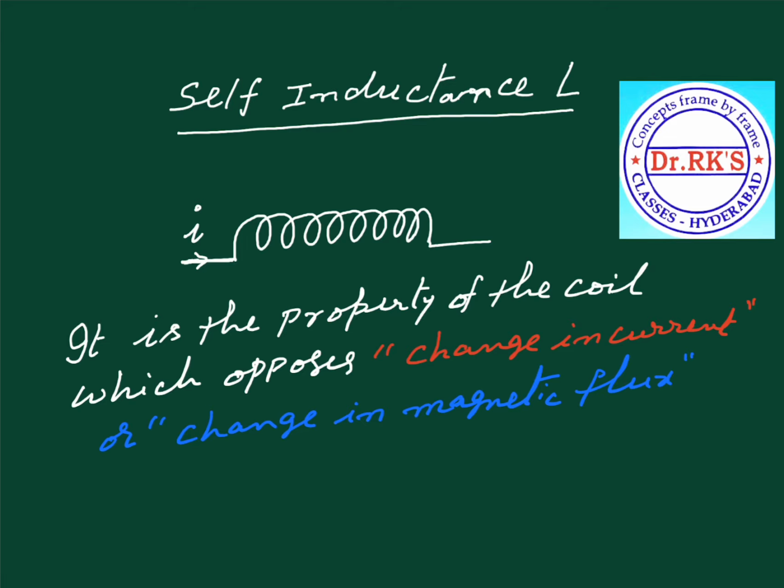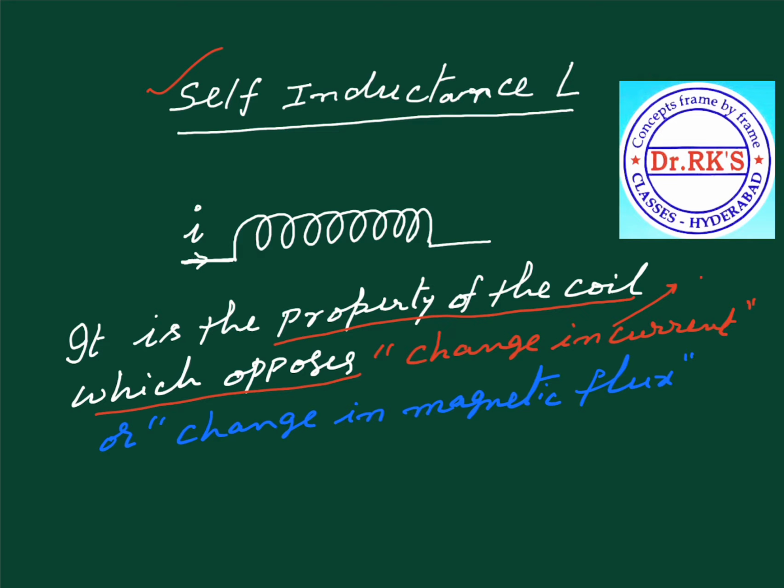Today I am going to discuss the JEE Mains previous questions of an important topic, self-induction, self-inductance. So we know that self-inductance is a property of the coil which opposes change in current.